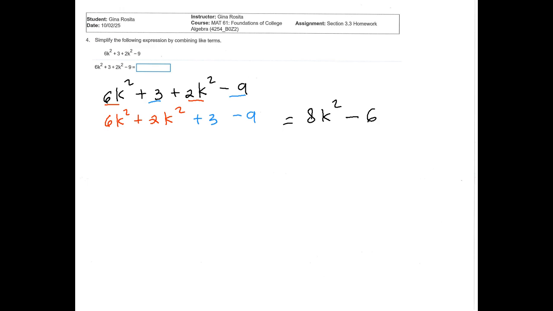Now go to number 5. The same, we have to simplify. But this has fractions, so you have to make the same denominator first. Let's write it down: 3 over 4 x cubed plus 18 x squared plus 1 over 8 x cubed minus 20 x squared minus 14.